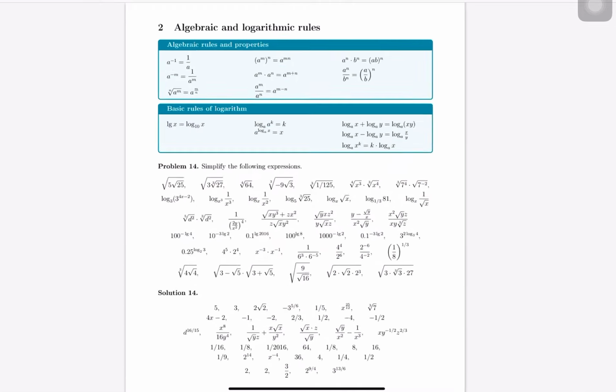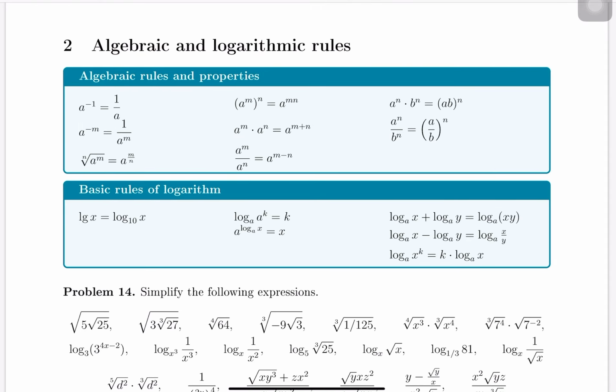Okay, in question 2, we have two types of formula. I explained the first one. Anything with a negative power, we can change to 1 over this number. A negative power always equals 1 over the positive power.